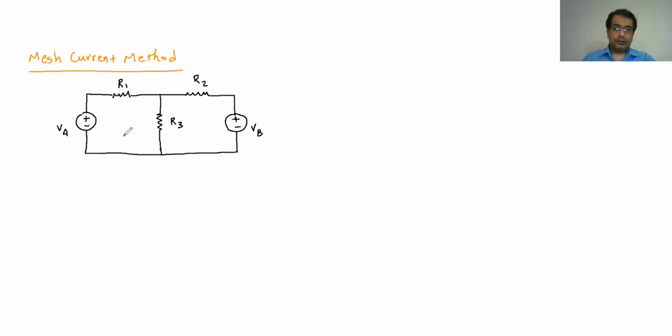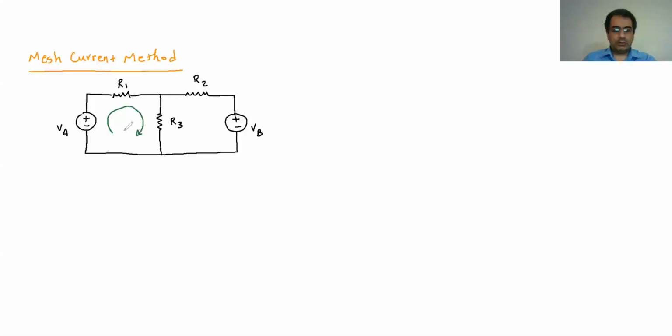And then you have to choose both the magnitude and the direction of the current. So usually in this case, I'm going to consider that it goes clockwise. So I'm assuming in loop one, the loop that has the VA, R1 and R3, I have the current going like that.